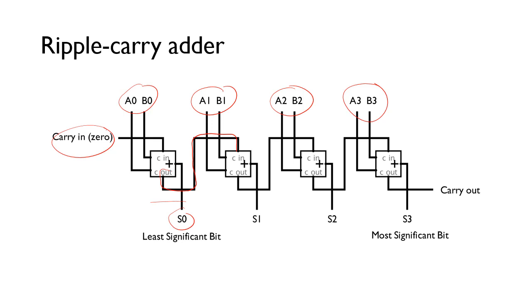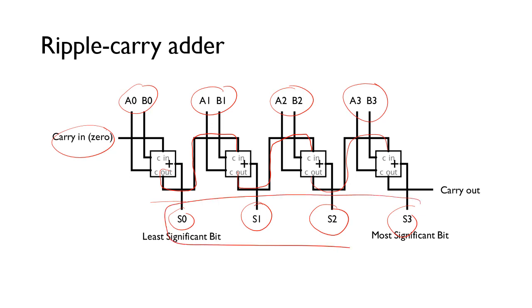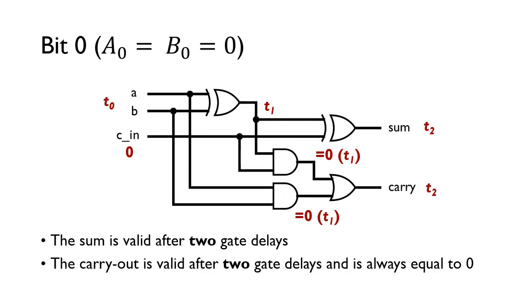So there's a short delay until this sum and this carry can be calculated. Again, there's a further delay until that carry is presented to the third adder, and a further delay until we get this sum and this carry, and so on. As we go along the chain, the delay just gets bigger and bigger. So it's only once all 4 bits are correct after this delay that we're sure the output of the ripple adder is correct.